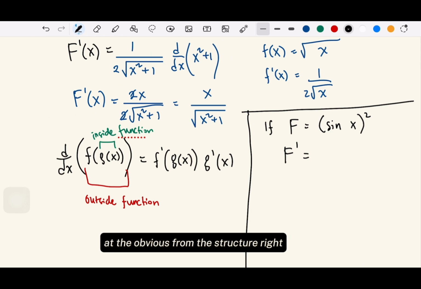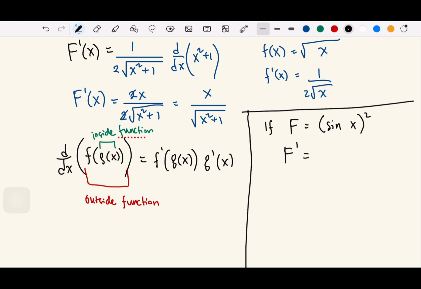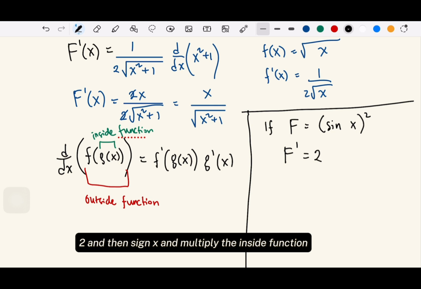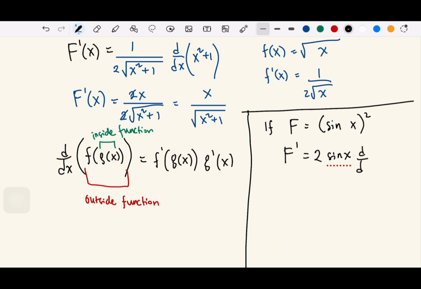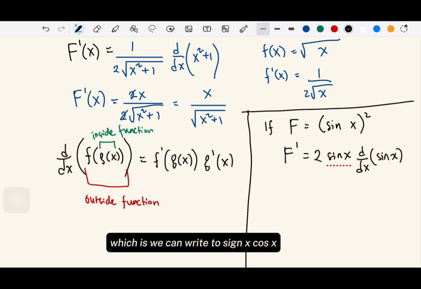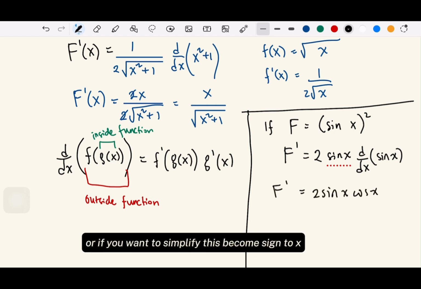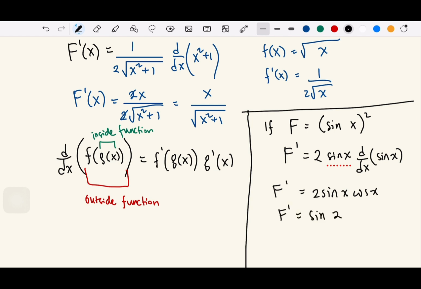It's obvious from the structure, right? The outside function is just a normal squared function, so you derive that and it becomes 2, and then write the whole thing. So we write 2 sine x and multiply by the derivative of the inside function, which gives 2 sine x cos x. Or if you want to simplify, this becomes sine 2x.